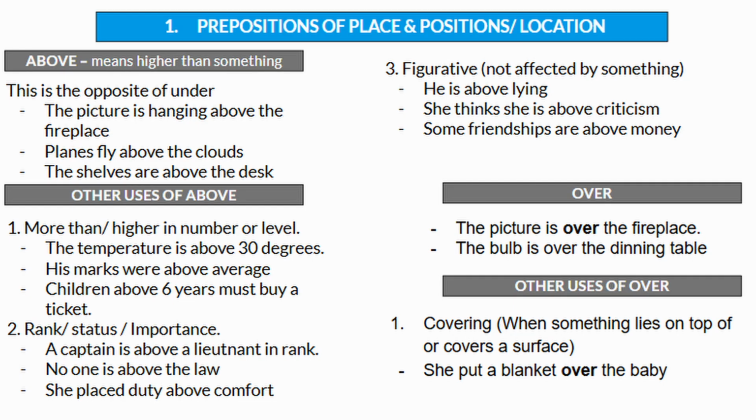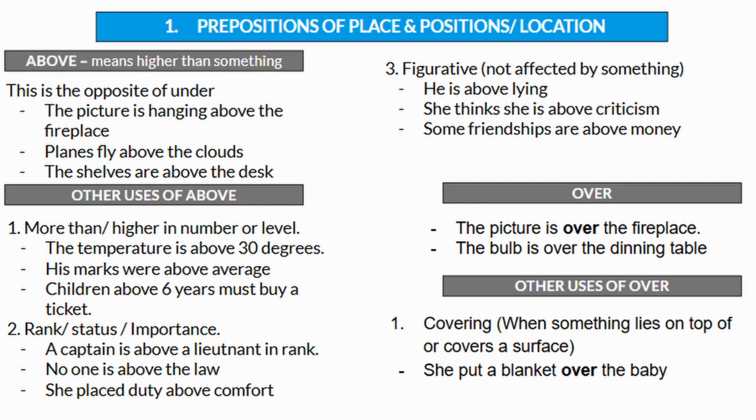But we also have other uses of over. One, covering. When something lies on top of or covers a surface, we use over. For example, she put a blanket over the baby. You see, this blanket is covering the baby, is on top of the baby.